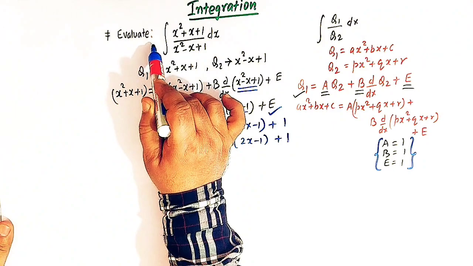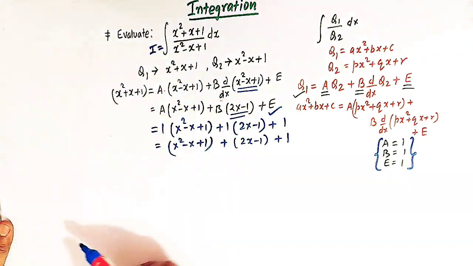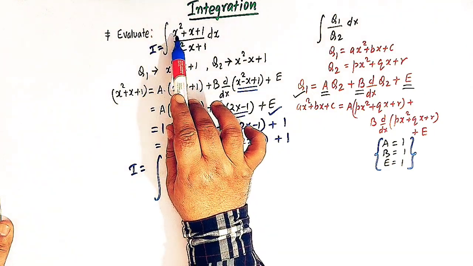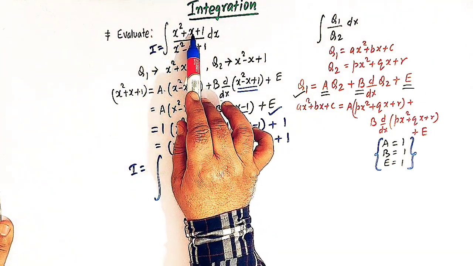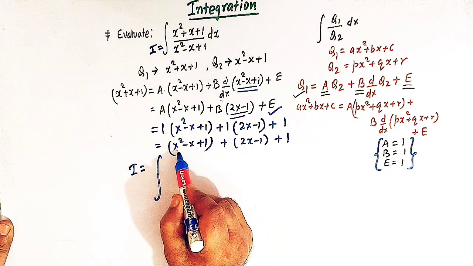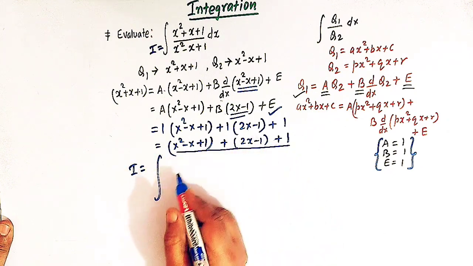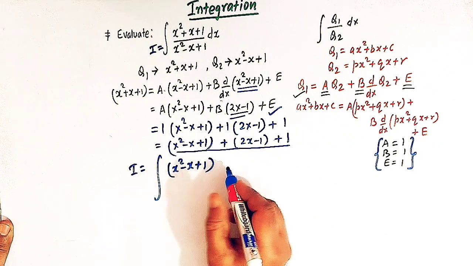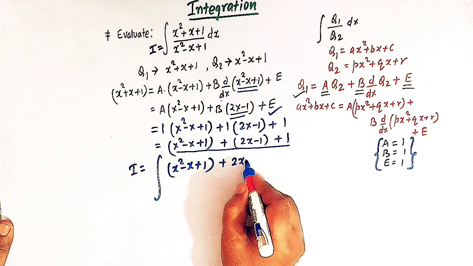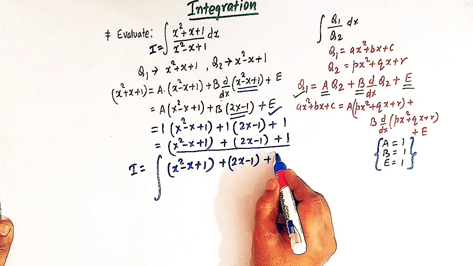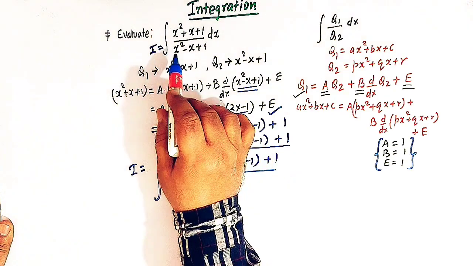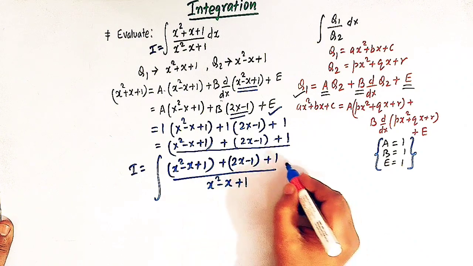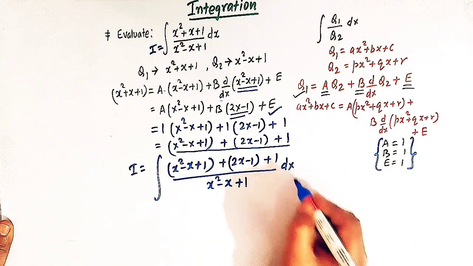So now let us take this integral as I, right? So I can be written as this polynomial, that is x square plus x plus 1, replaced by this expression, right? So we have x square minus x plus 1, then we have here 2x minus 1, and then we have 1 divided by x square minus x plus 1, and here we have dx.